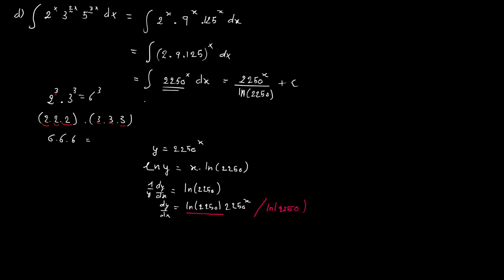Okay, let's do one more, and we'll do exercise F. Here we get the integral of 3 minus the square root of 1 minus x squared, over the square root of 1 minus x squared.